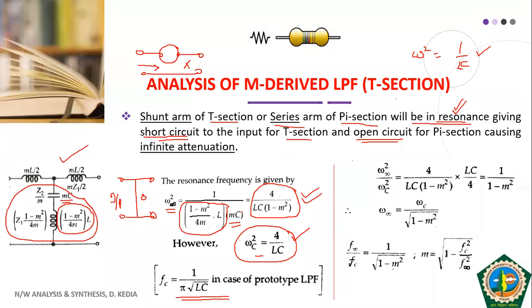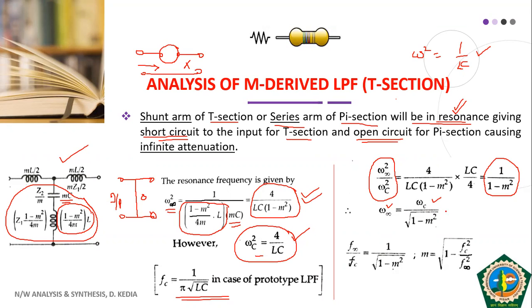So we will obtain their ratio, that is we divide omega infinity square by omega c square, and we get 1 by 1 minus M square. And we express omega infinity or the resonant frequency in terms of cutoff frequency. You get omega infinity equal to omega c by under the root 1 minus M square.